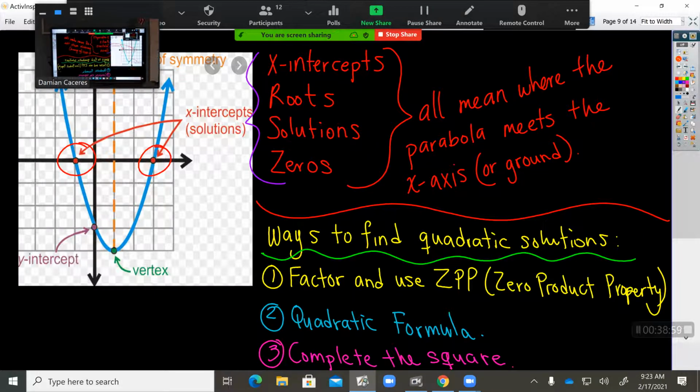All 4 of those mean the same thing. It just means where that U touches your x-axis. Like negative 1 and positive 3. That's where it touches.